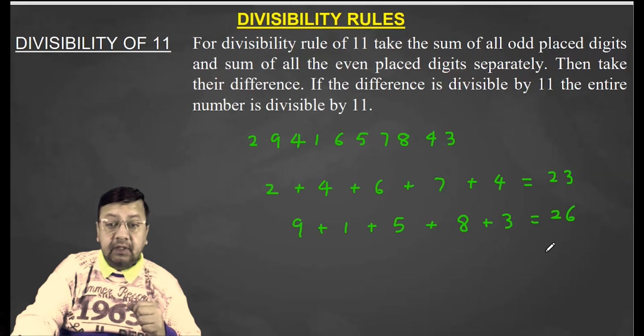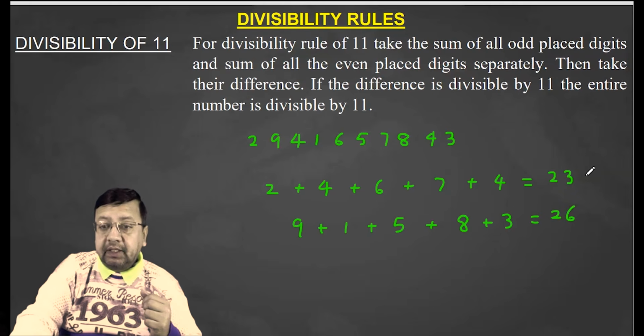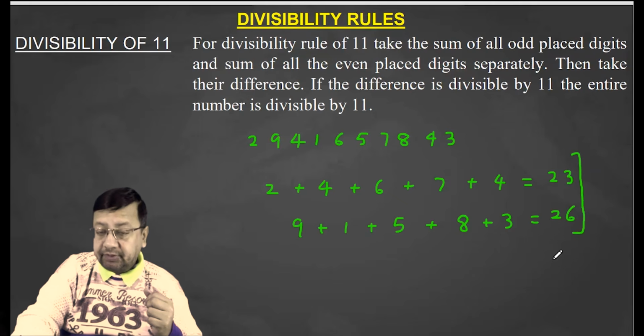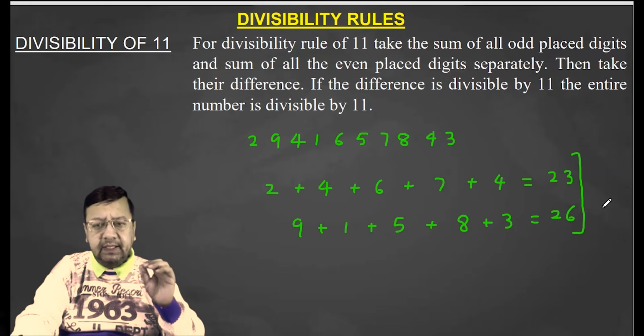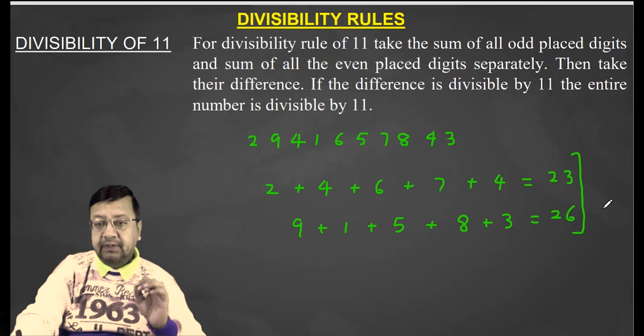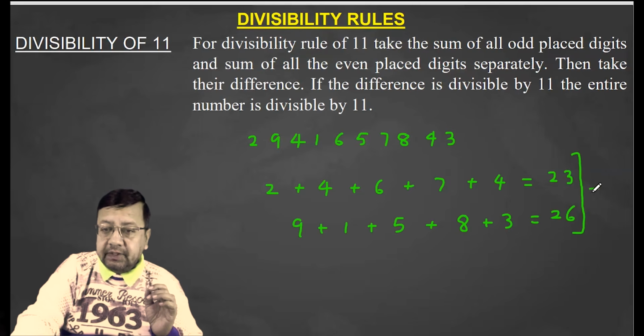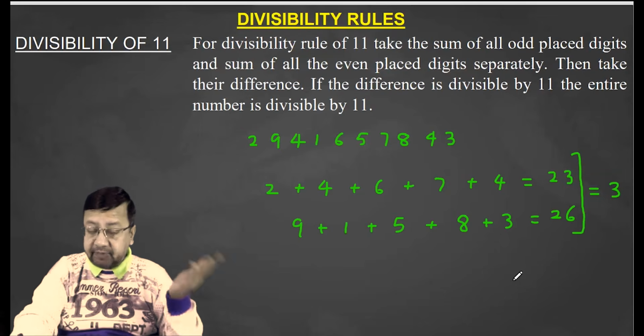Now, the next step is what? Take the difference of these two summations. So 23 and 26. Not the sign, right? Negative or positive. Just take the numeric difference. And the numeric difference is coming out to be what? 3. Right? The same thing here.